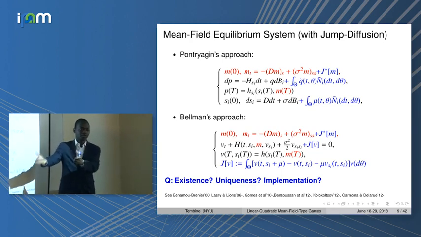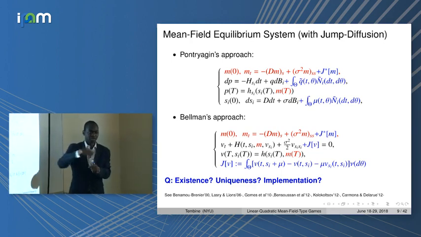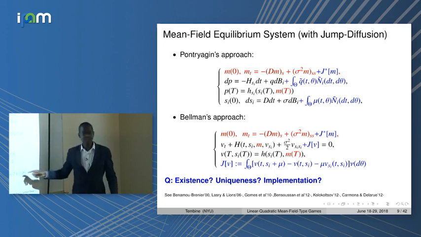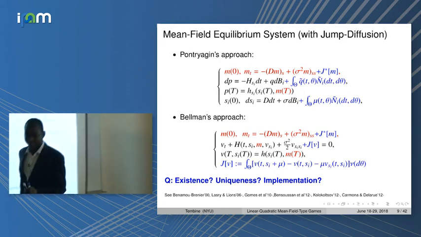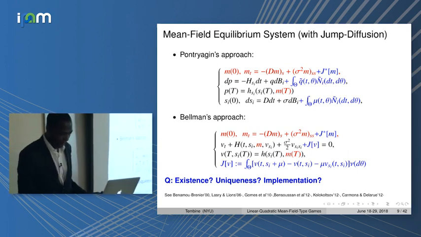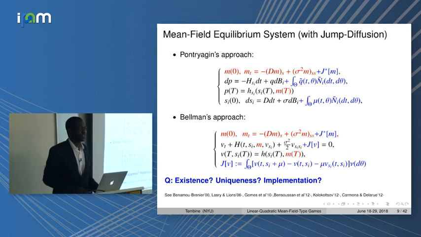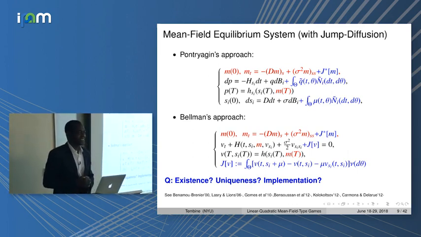From Bellman to Fokker-Planck, we do the weak formulation, integration by parts, right? You do that thing here. Any question on this? That's mean-field game, so you should be happy.